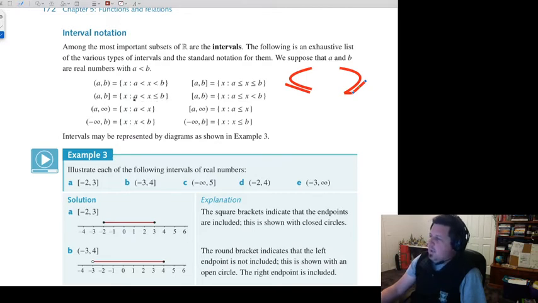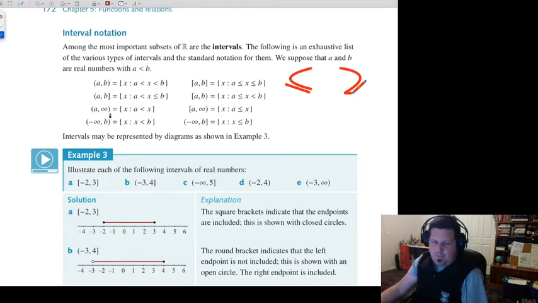Another thing you should note is that if one of the ends of the interval is infinity, because you can never actually get to infinity and include it, it's not equal to infinity.